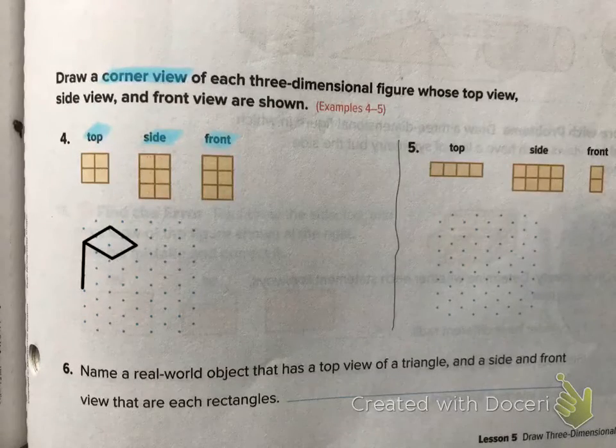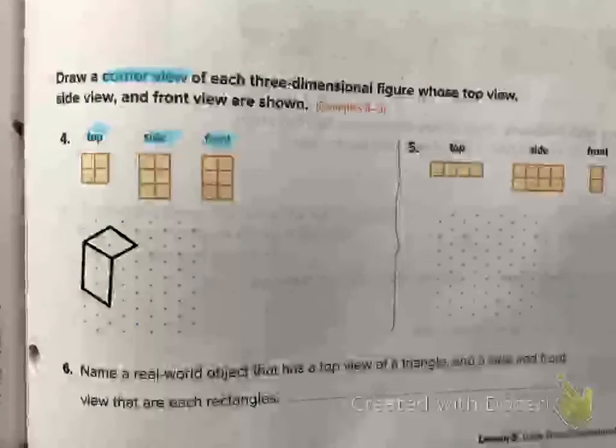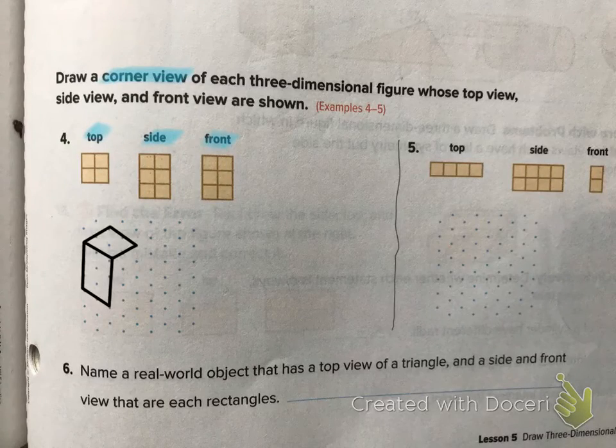And I'm going to go from each point on the top and do the same thing. 1, 2, 3. And then I'm just going to close in my shape. So my side view would look something like that.